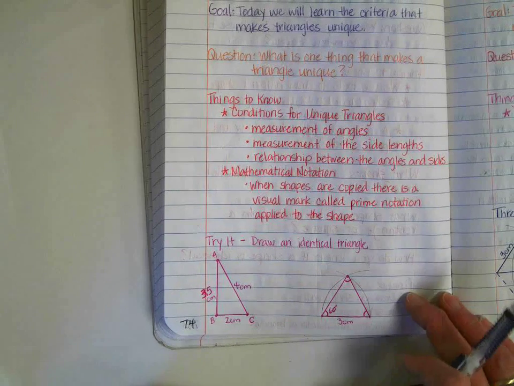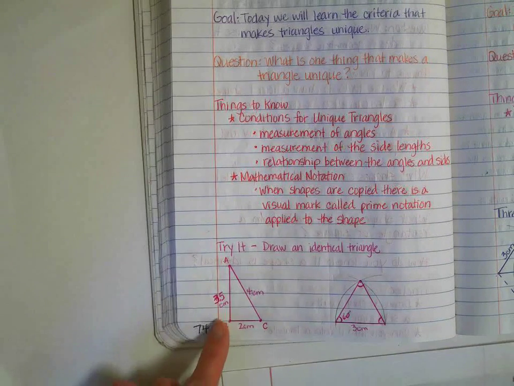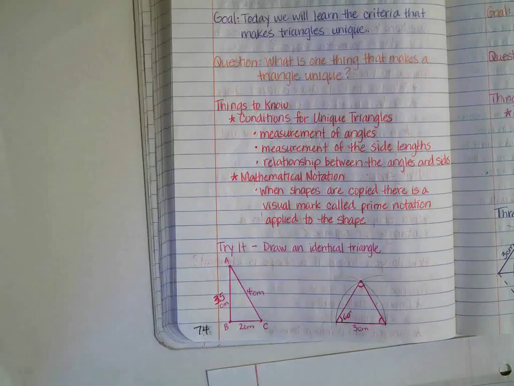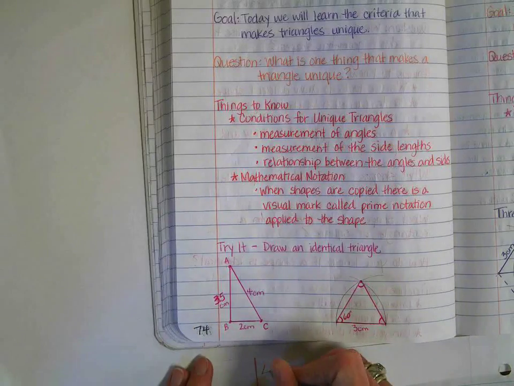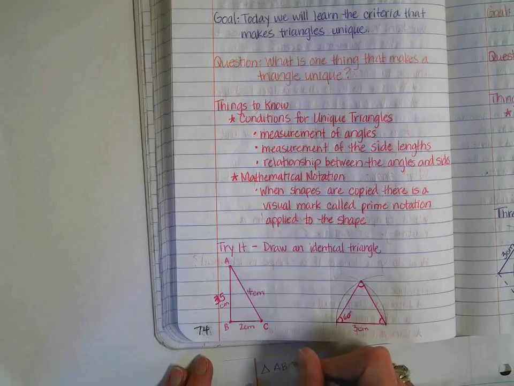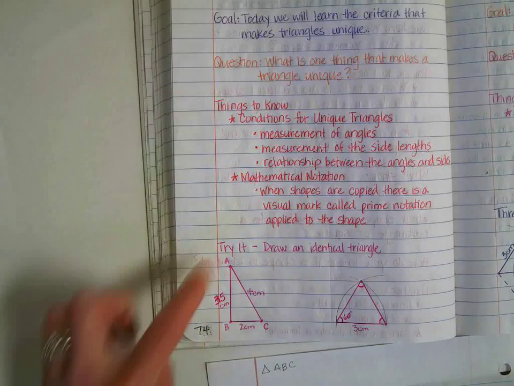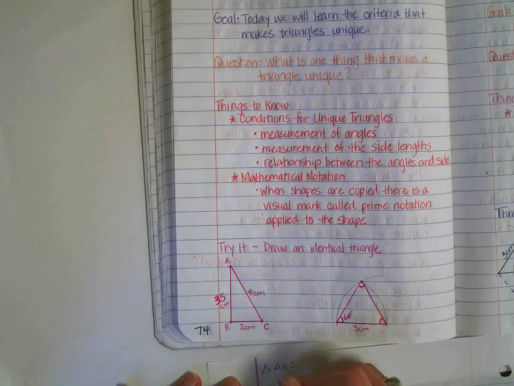Okay, so we're going to attempt to do that. We need to draw triangle ABC, and we know that segment AB has to be 3.5 centimeters.